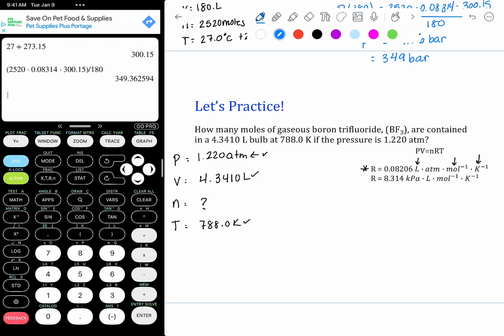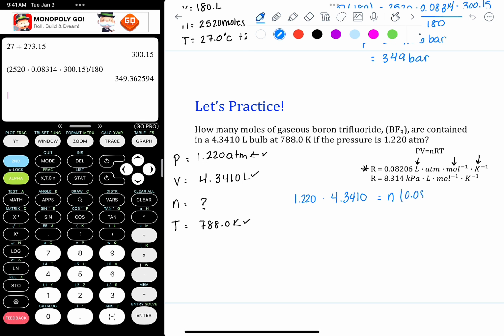So let's plug it in and solve. We have P, which is 1.220 atm, times the volume, 4.3410, is equal to N, which we're solving for, times the R that we chose, 0.08206, times the temperature, 788.0.